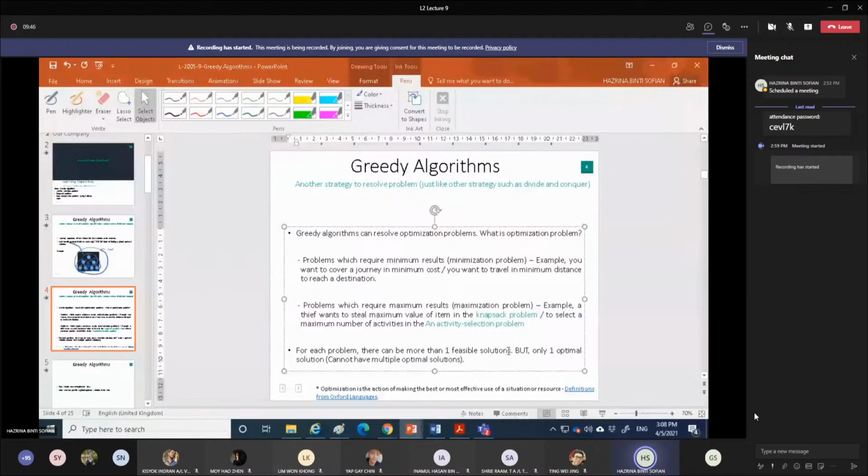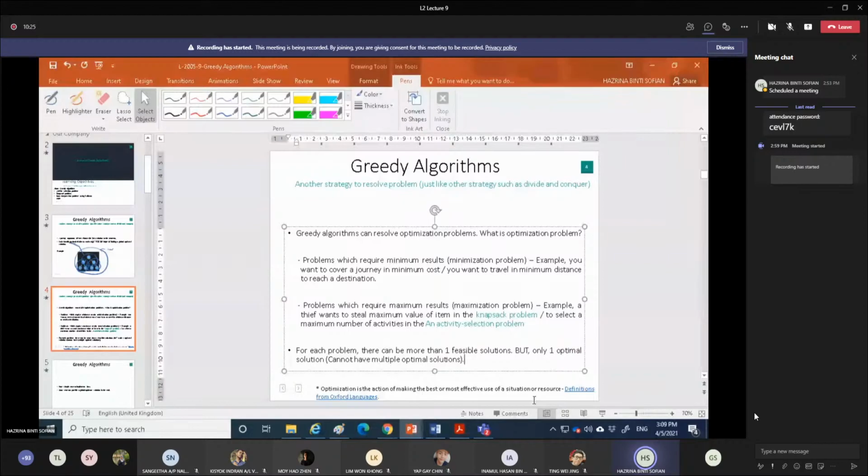We can have more than one feasible solution, but we only have one optimal solution. So the optimal solution we cannot have multiple solutions. But let's say in your group project, those two possible routes give the same minimum distance, then it means that you have the choice. But the optimal solution is always one particular distance in that example.